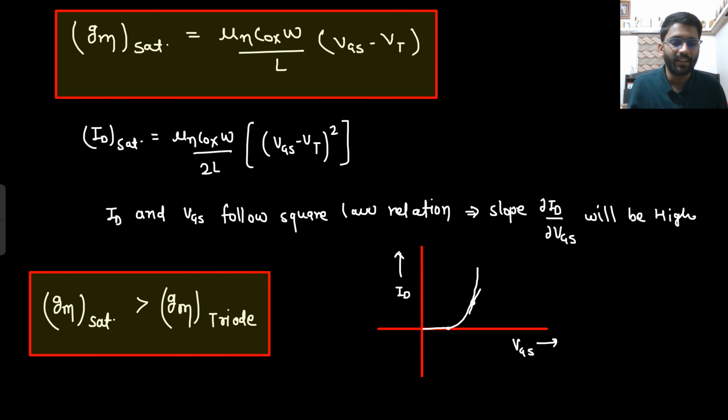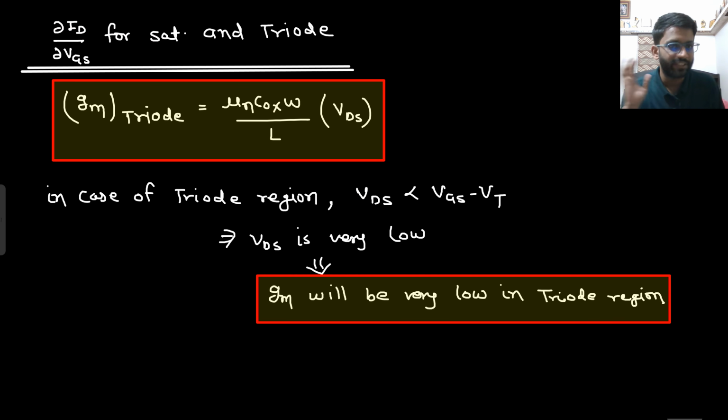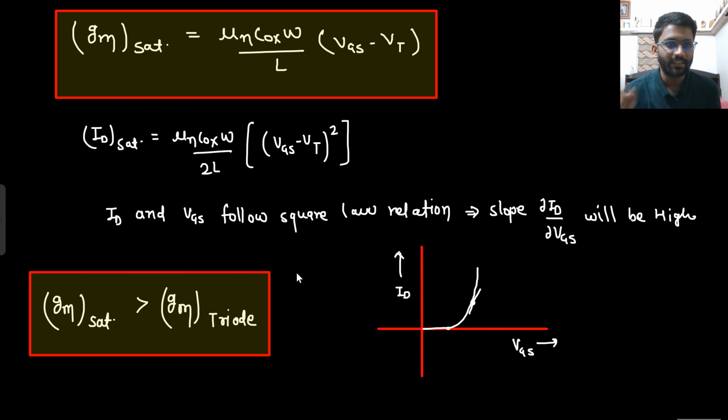Now let's check the final parameter. Here we checked these two parameters, and in both regions, both parameters were the same, so we cannot conclude. Then we checked gm, and by checking gm we got to know that we have an advantage in saturation region.